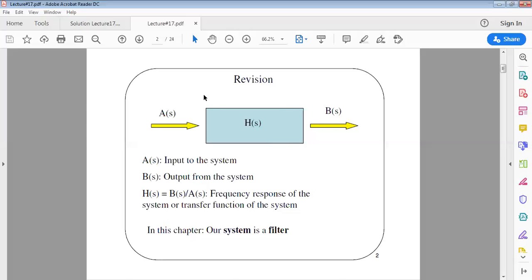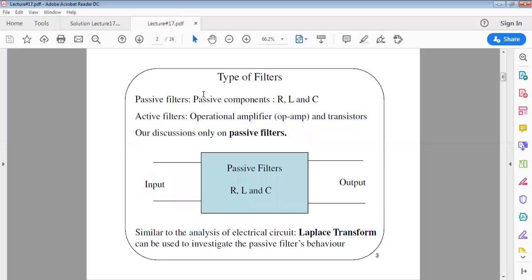Okay, so in our system, in this chapter, the systems that we are going to concentrate on is a filter. There are two types of filters. The first type is what we call passive filters. The passive filters are named because of the passive components used in their structure.